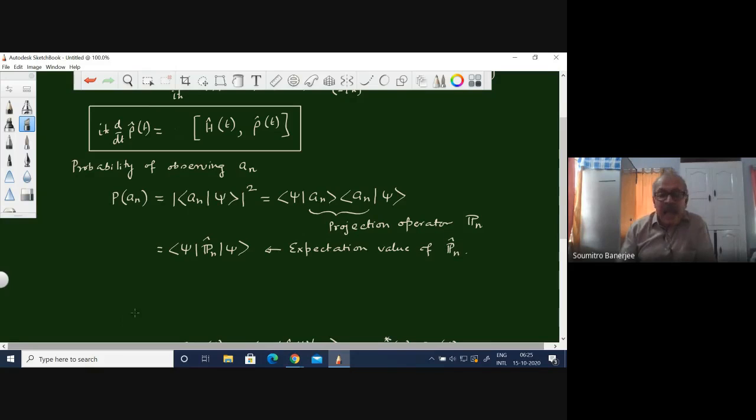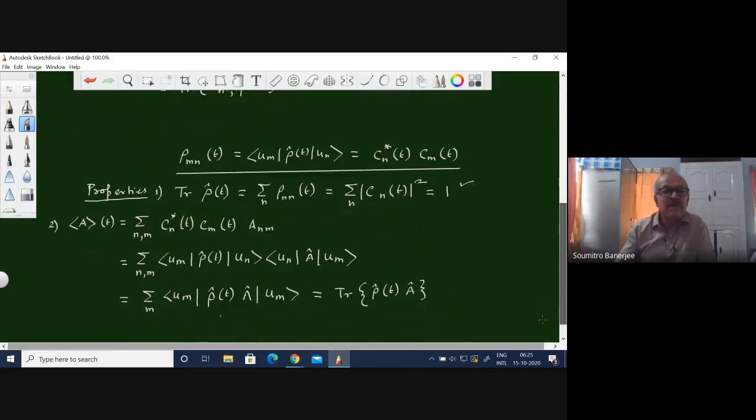And we have already seen that if you want to calculate the expectation value of anything in the density matrix formalism, then this can be written as the trace of that operator and the density matrix. We've just learned that, right?